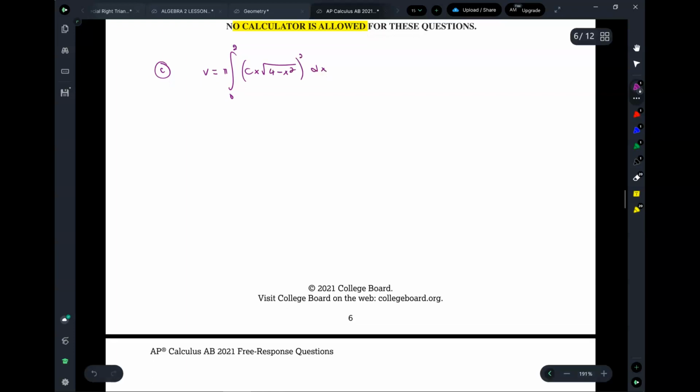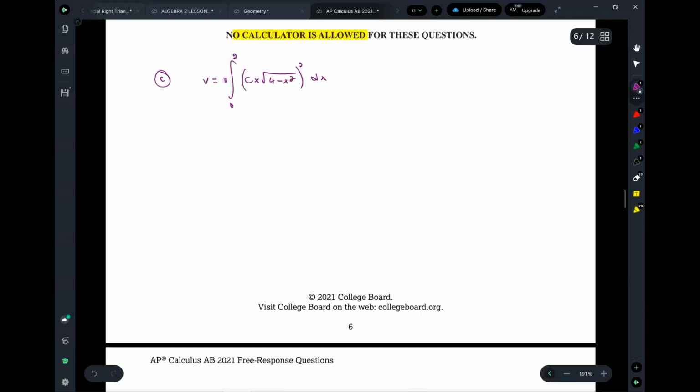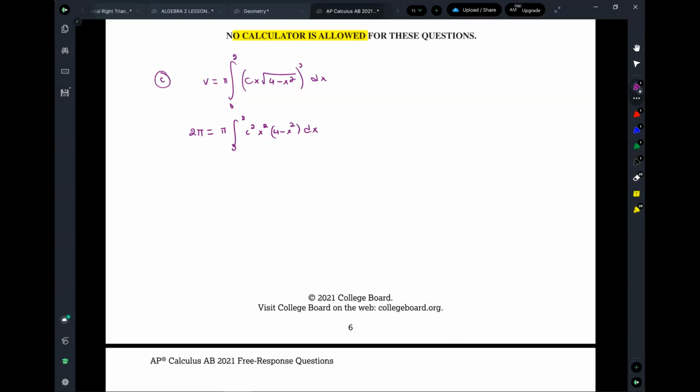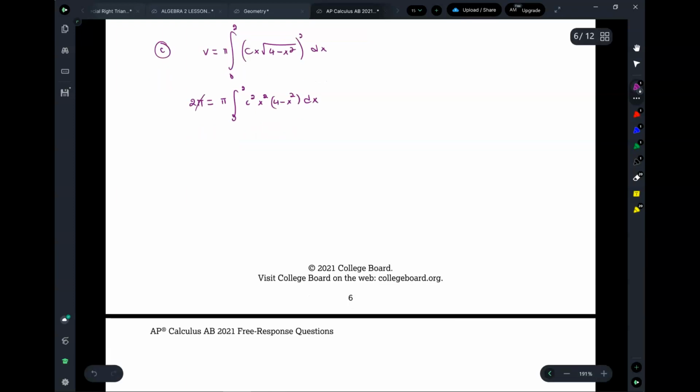And we are told that the volume here is how much? What did we say it was? 2 pi. So 2 pi is equal to pi times the integral from 0 to 2 of c squared x squared (4 minus x squared). Gotta write all that out, because this is the non-calculator part. Pi's cancel. So 2 is the integral from 0 to 2.